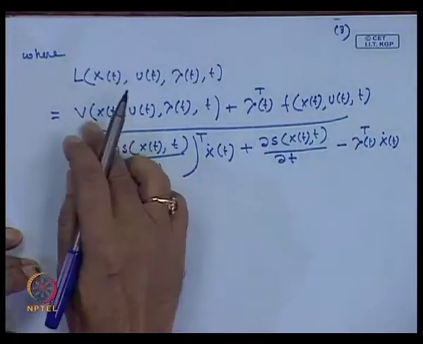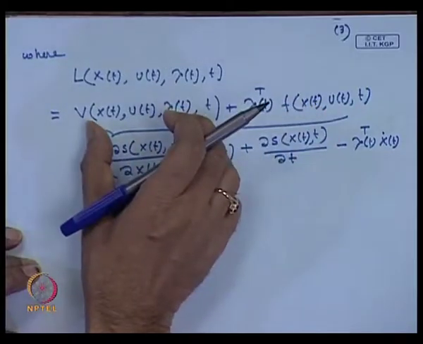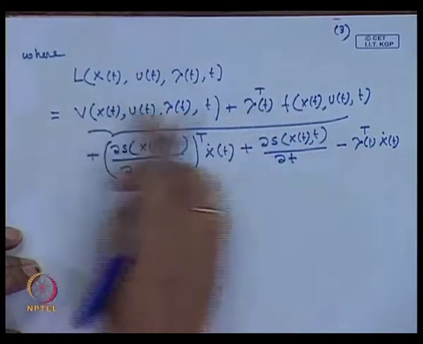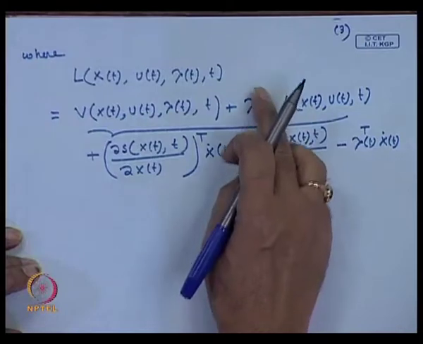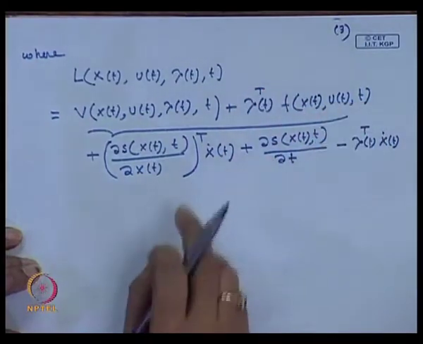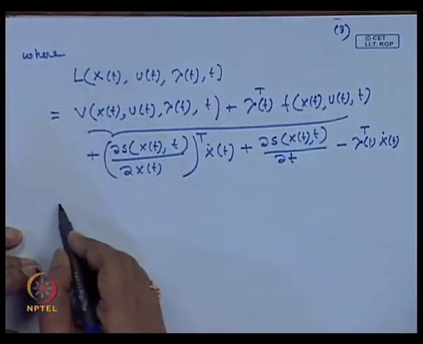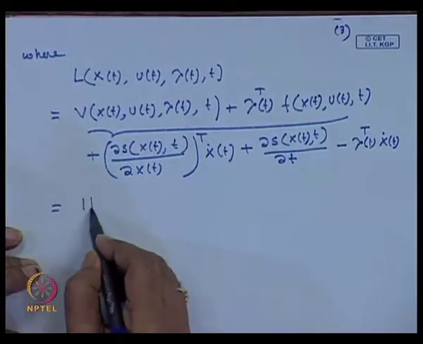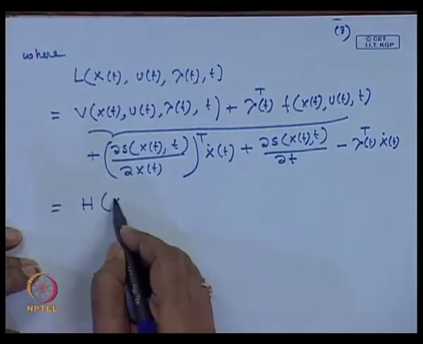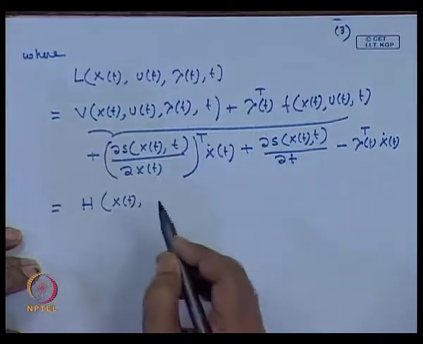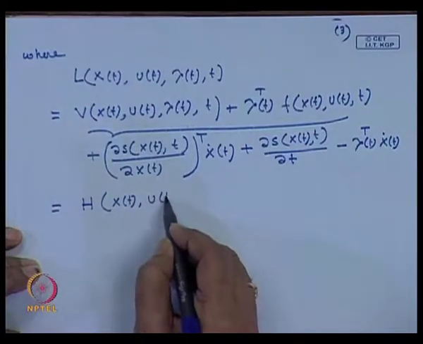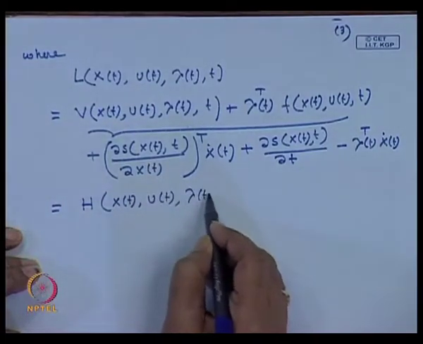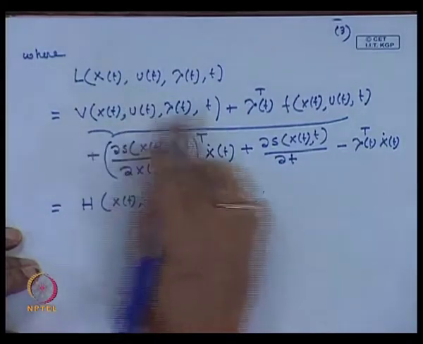So, this and this, that means V and lambda transpose f, this we denote by a function H, which is a function of x, u, lambda and t. See this one.